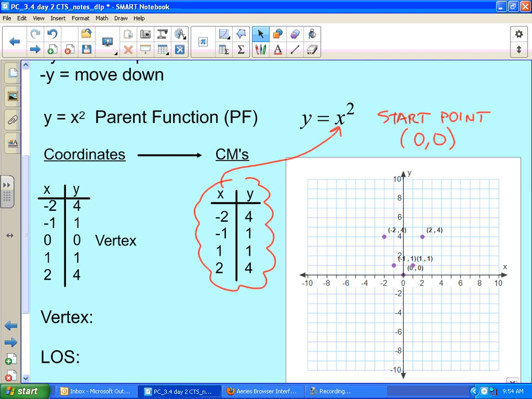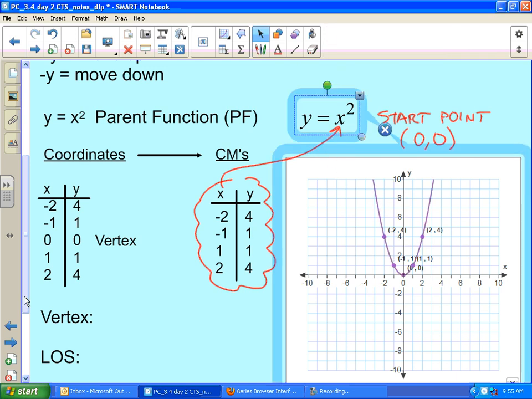And those points make your parabola, going through those points.